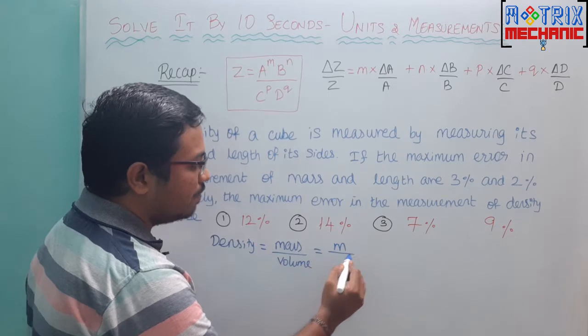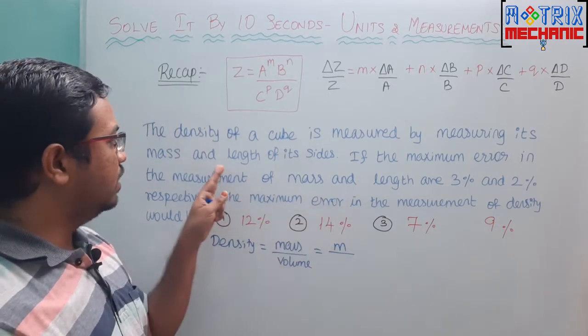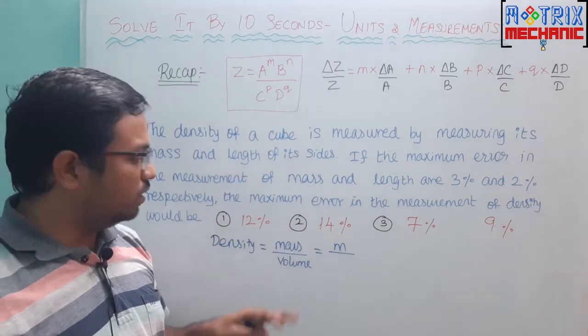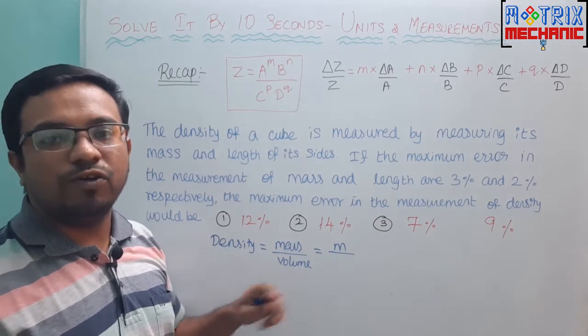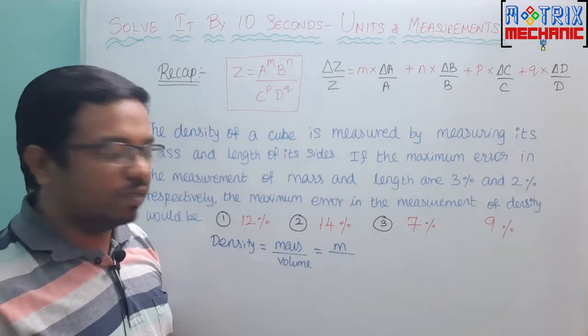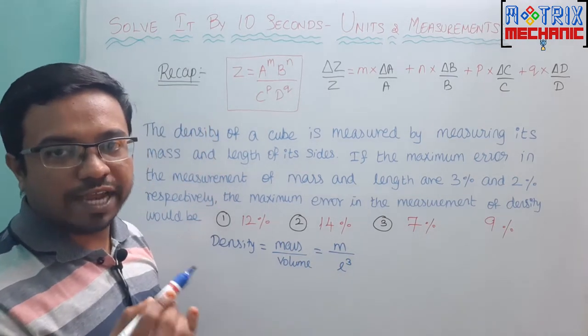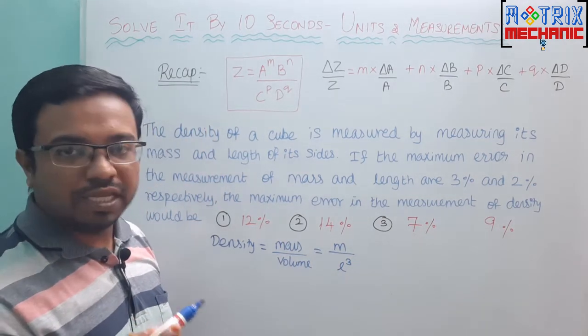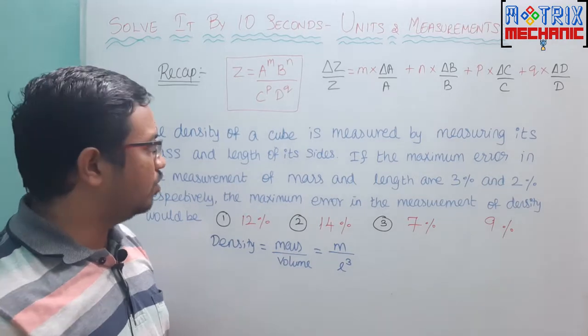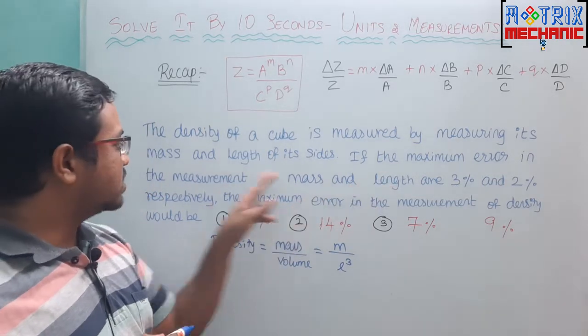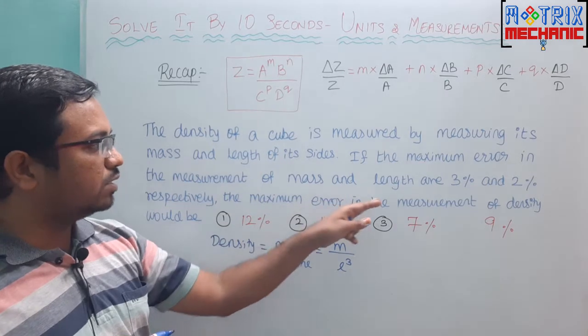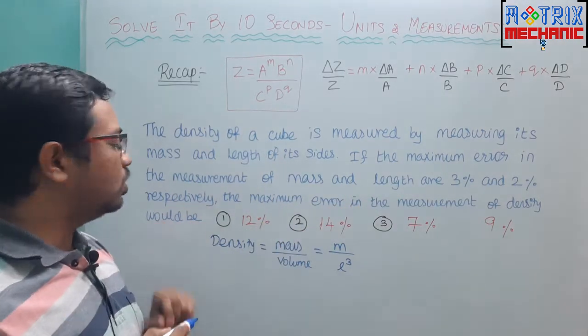So mass is m, and here the length is given. When length is given, how do we obtain the volume of the cube? Volume of a cube is nothing but L cube or A cube. If the side is A, the length is L, it is also L cube. Now the maximum error in the measurement of mass and length are 3% and 2%.